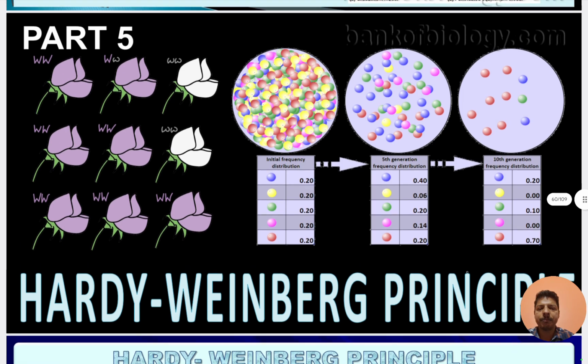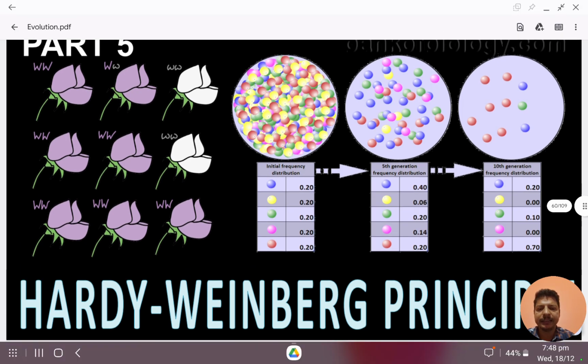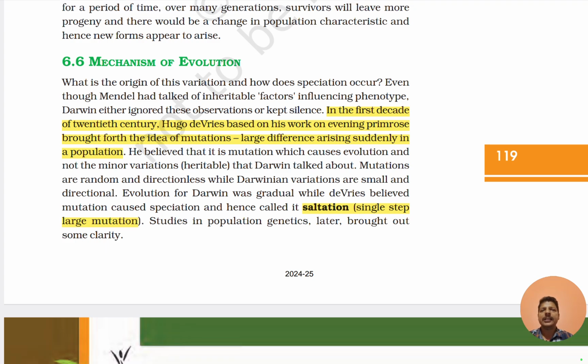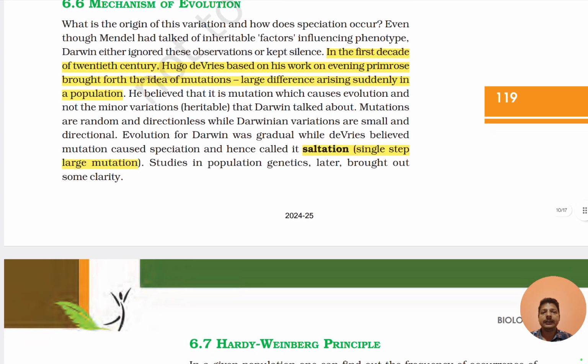Then Hardy-Weinberg principle. Before starting this, let's see what the NCERT says here. In the first decade of the 20th century, Hugo de Vries, based on his work on evening primrose, brought forth the idea of mutation, large differences arising suddenly in a population. And coming to saltation, saltation is the single step large mutation.